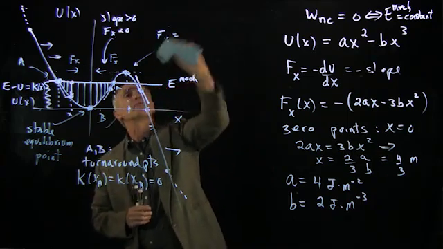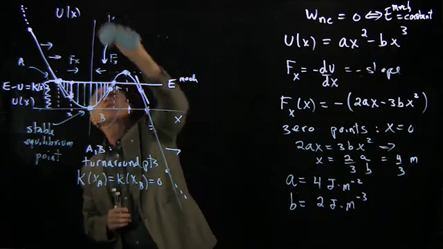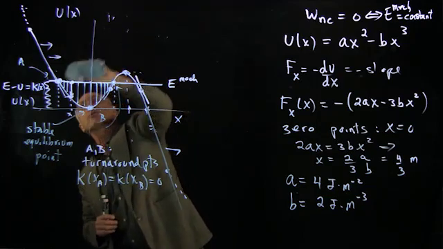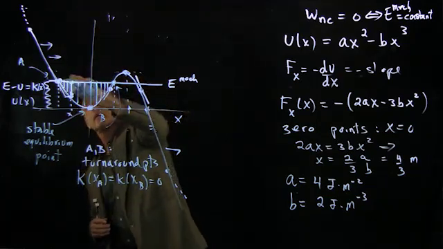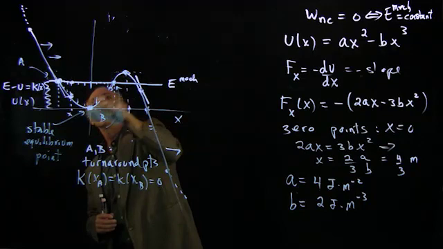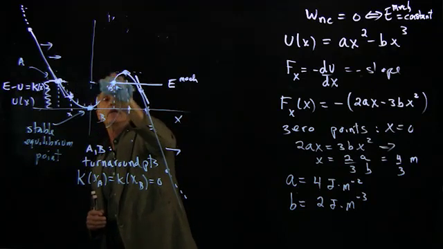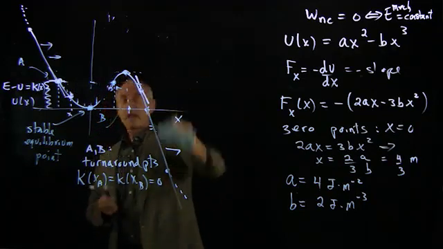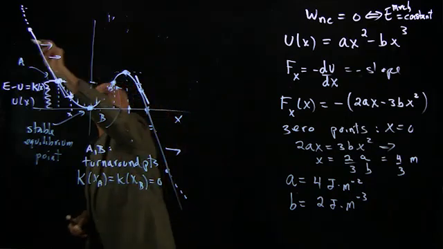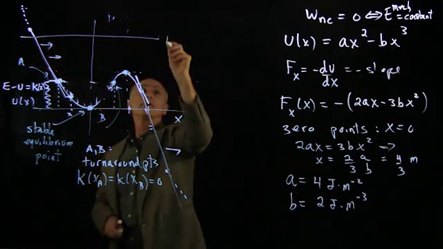Now, the last thing that we like, there's a lot of information, as you can see, contained in these energy diagrams. And the last bit of information that we'd like to ask ourselves is, what would happen if instead of confining our system to this area, we increased our mechanical energy so we're up here?